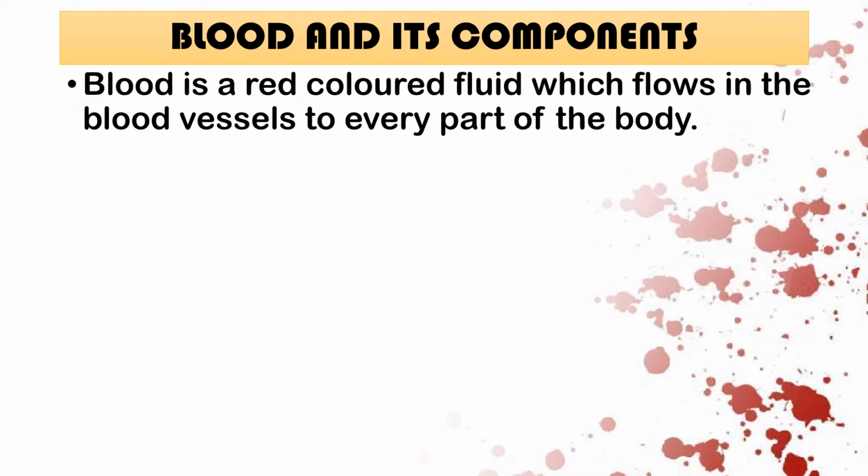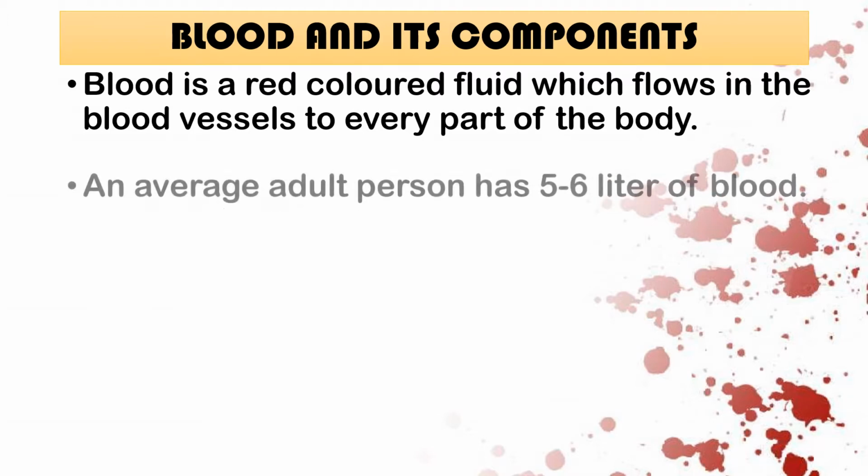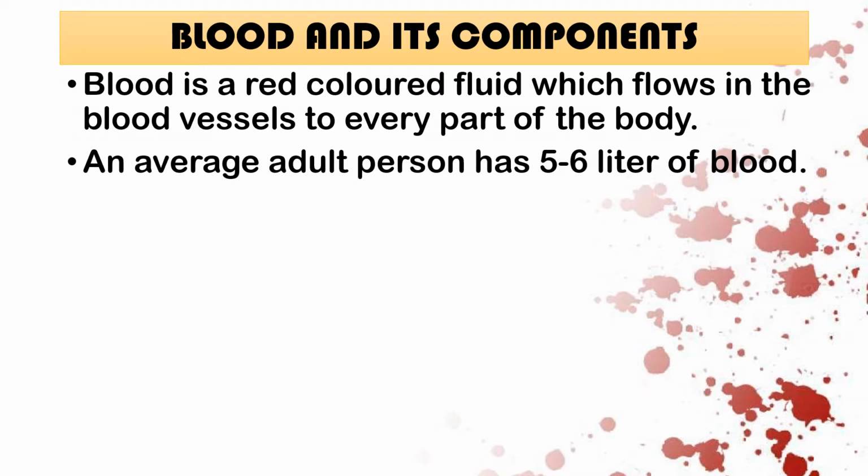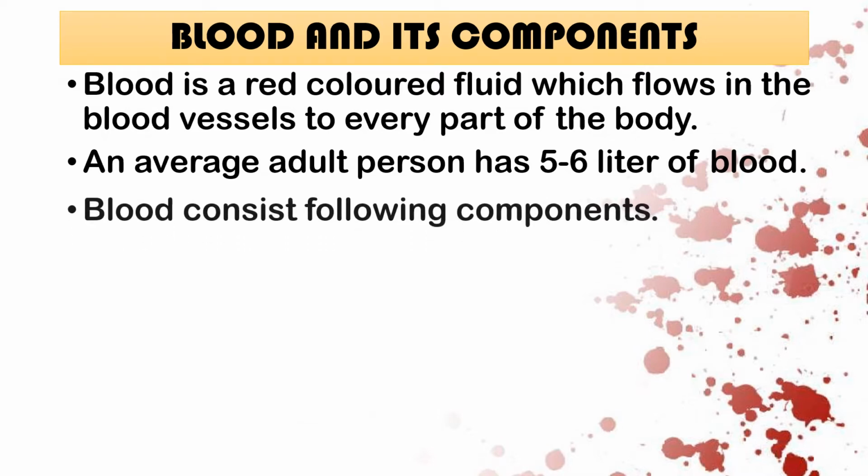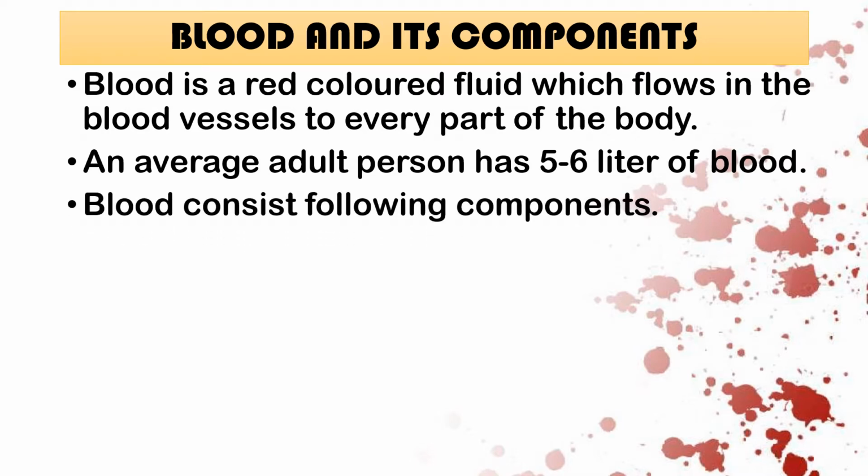Blood is a red colored fluid which flows in the blood vessels to every part of the body. The average blood present in an adult person is about 5 to 6 liters. Blood consists of the following components.